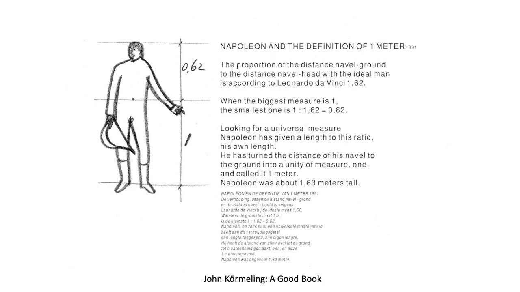So the height of the navel of Napoleon being 1.62 meters, according to John Kermeling, the height of his navel is 1. So this became the meter, the meter the whole world is now using in the metric system. Napoleon is the measure of all things.